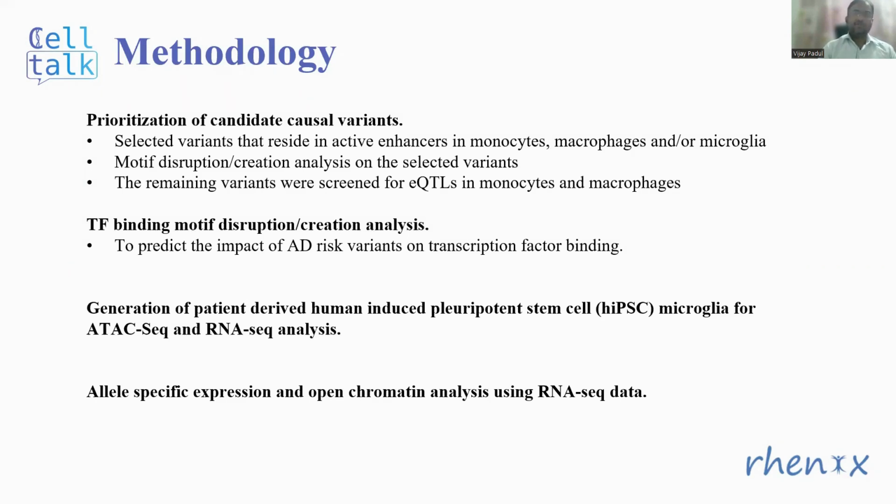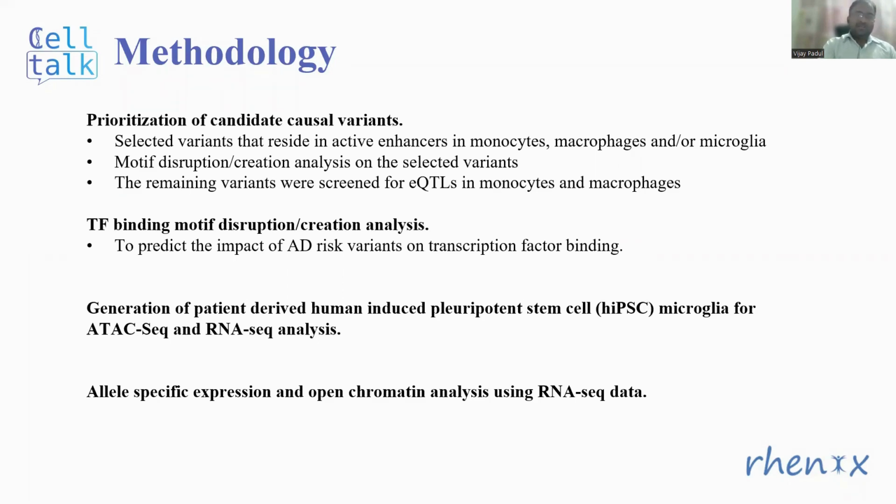And in this way, they prioritize the candidate causal variants. The next, transcription binding motif disruption and creation analysis. Again, as in step 2, they identified those particular locations of the variants, and they studied if they are disrupting a pre-existing transcription binding motif or they are creating anything new, so that it will affect the gene expression.